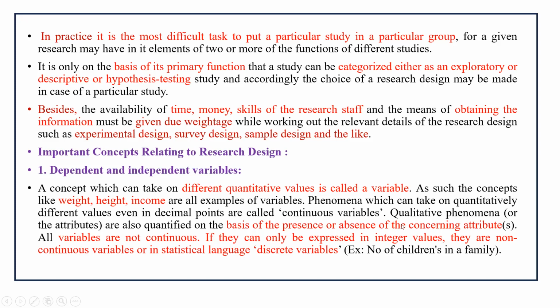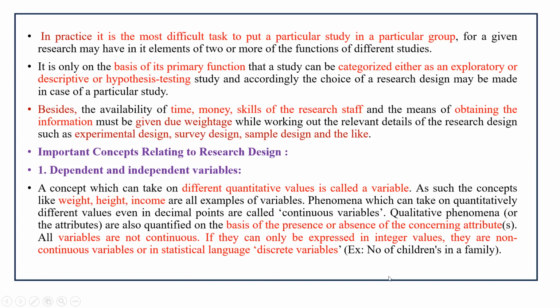Like quantitative, there is also qualitative phenomena, which is based on either presence or absence of a particular attribute. These variables are not continuous, and they are called discrete variables in the language of statistics. They are always expressed in integer values.